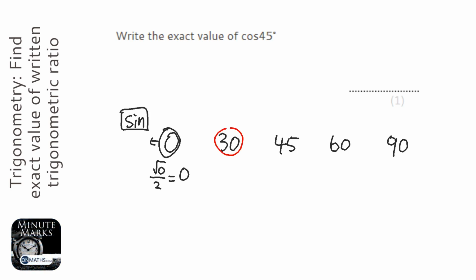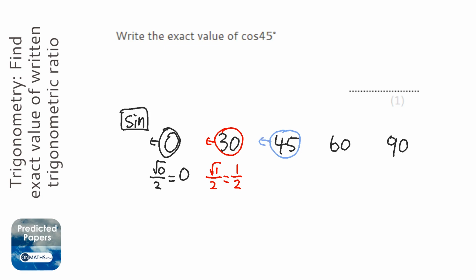So let's move on to sine 30. The numbers on the left is one number. Put that over 2. Root 1 is just 1, so it's 1 over 2. We go on to sine 45. Numbers on the left, well, there's 2, so that's root 2 over 2, and you can't do anything with that.